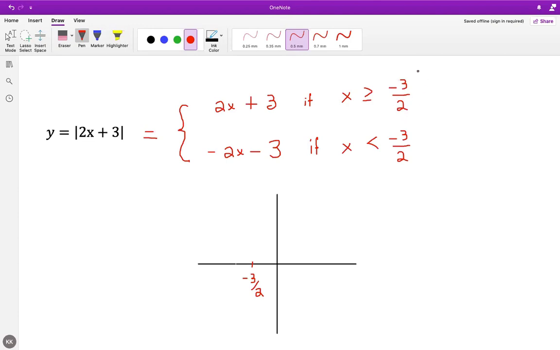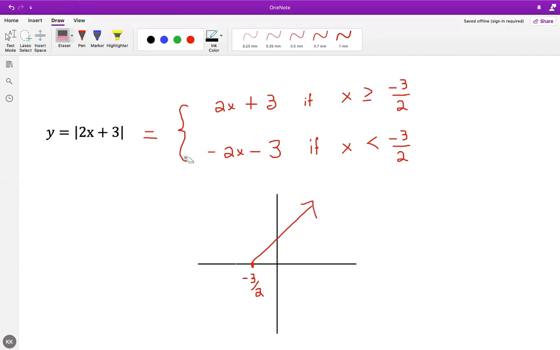I plug negative 3 over 2 into the expression 2x plus 3, and we get a y value equal to 0. This is where I'm going to start. I draw the line with a positive slope equal to 2, because I know that 2x plus 3 has a positive slope of 2.